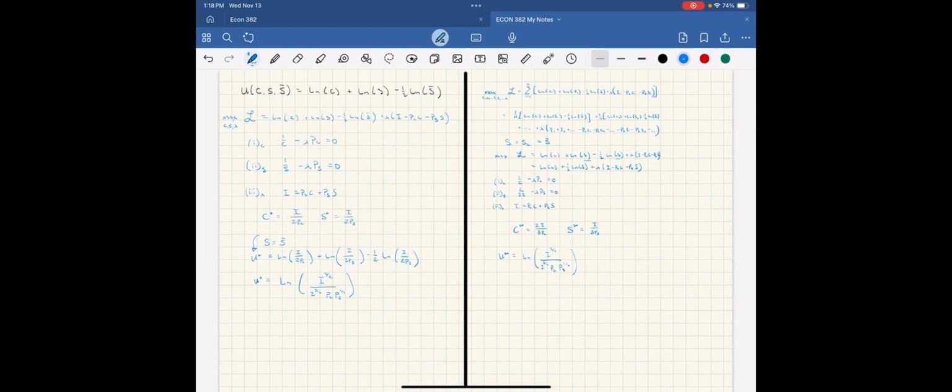And so now we're going to compare this utility to this utility, and they're the same except for this term. And we'll see that over here we get 1 over 2 to the 3/2.